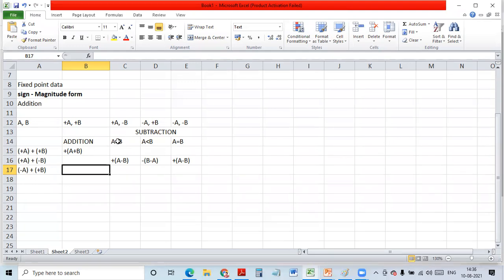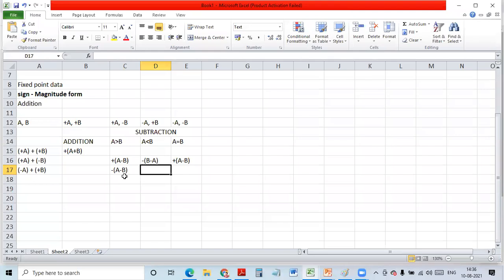So if a is greater than b, what should I perform? I have to perform a minus b. And what is the resultant sign? Whatever the sign of a is, that will be the resultant sign also. Minus of a minus b. Am I right? And what is the operation here?